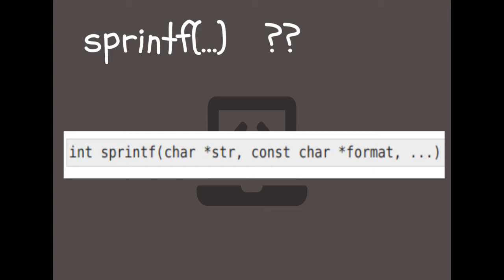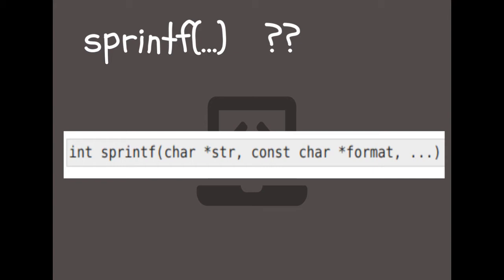First is char asterisk str, then there is a comma, that means the first section is closed. Then there is const char asterisk format, and then dot dot dot. We will now briefly discuss each of the three sections.